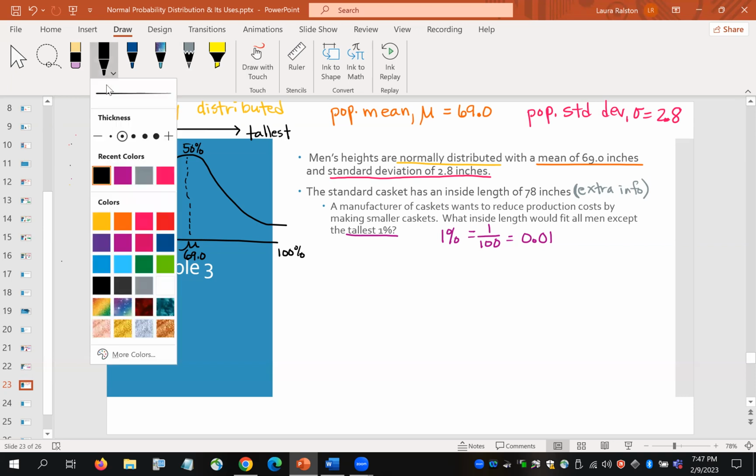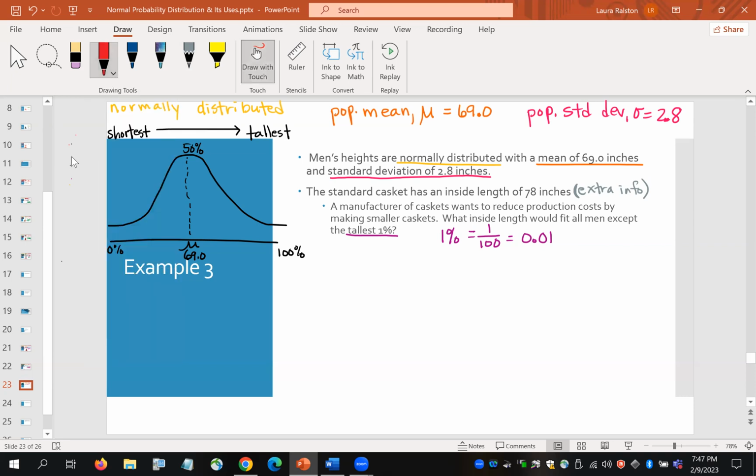We want to make caskets that will fit all men except those in the tallest 1%. Okay, so tallest is going to be a right tail. Because again, if you're looking at this graph, we go from shortest to tallest. So it's going to be over here on the right-hand side.